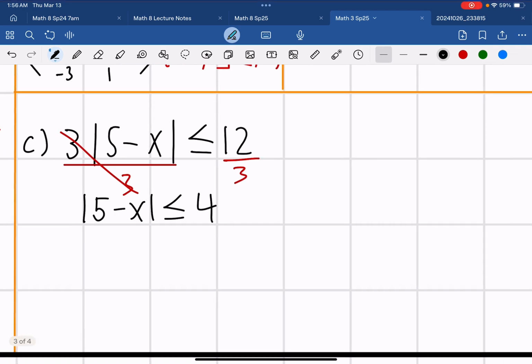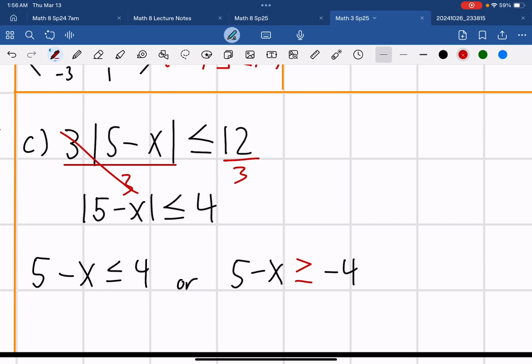I can do 5 minus x is less than 4, or 5 minus x, and because I have to switch this to -4, I have to switch this to bigger than or equal to -4.